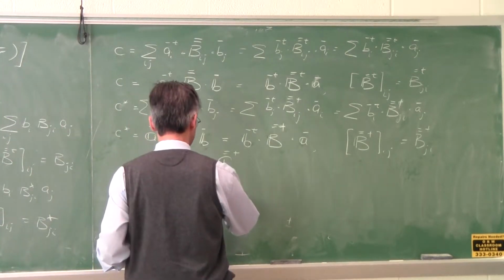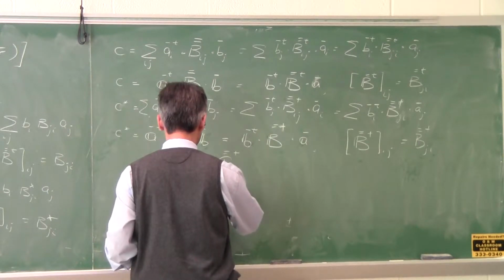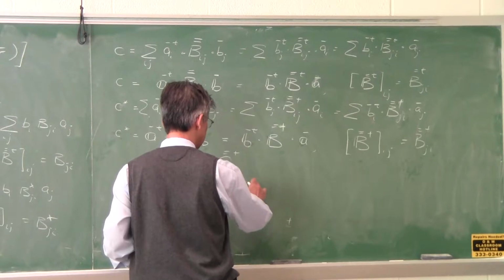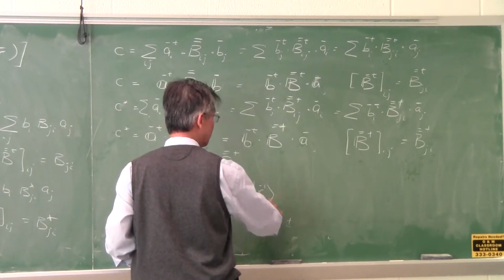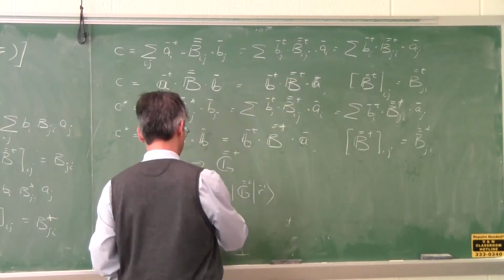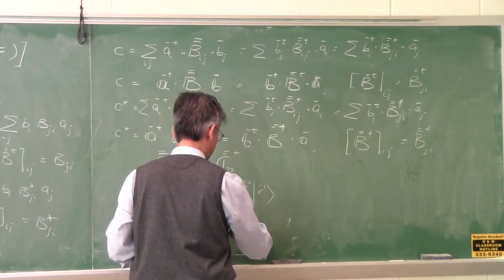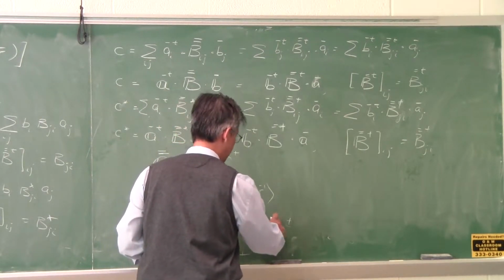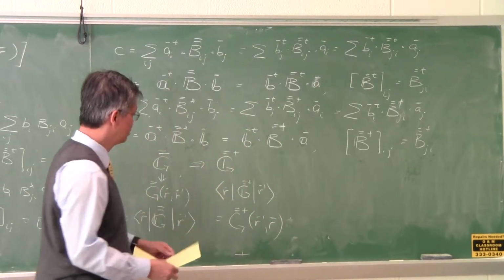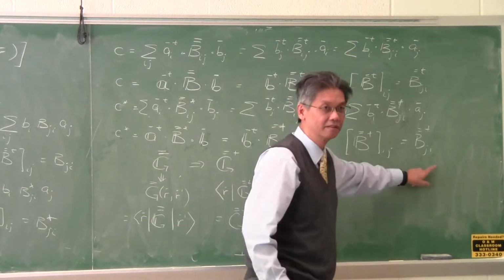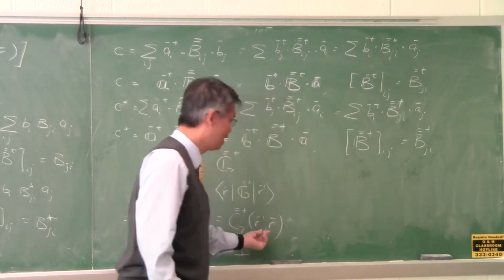To find its coordinate representation, according to this rule, it would be equal to G conjugate transpose (r', r). You conjugate transpose the tensor element, you swap the indices, and then you swap r and r'.